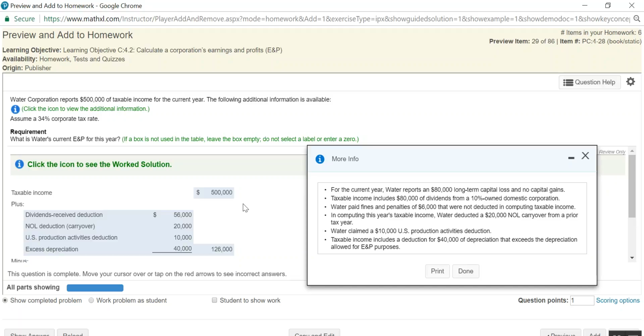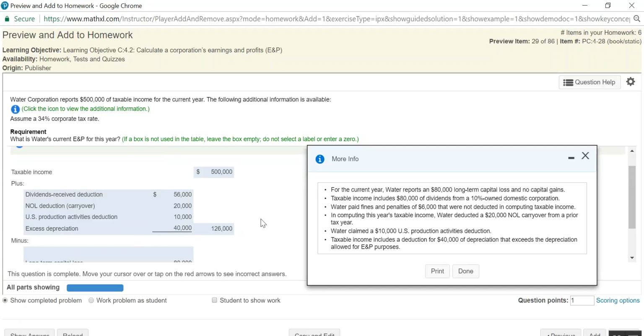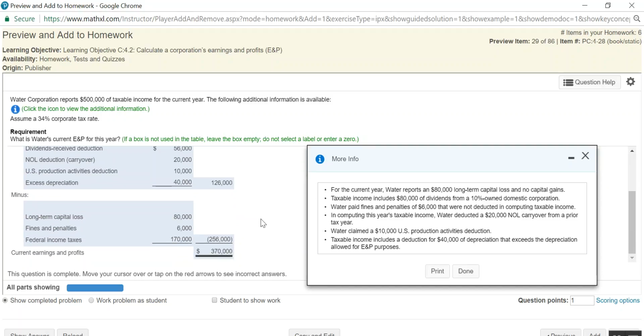In other words, if they took $300,000 worth of tax depreciation, only $260,000 of depreciation would be allowed for E&P purposes, because you'd be calculating it under the ADS system, the alternative depreciation system. So we have to add back that 40K also. So we get a subtotal of add backs of 126. Then we have some things that we get to subtract or that we have to subtract.